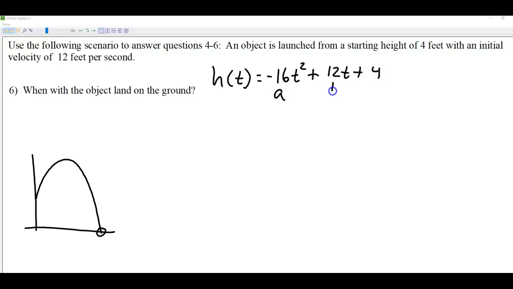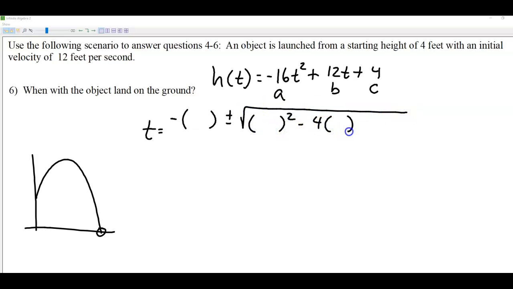This is my a, this is my b, and this is my c. So the time when it lands on the ground can be calculated by doing negative b plus or minus the square root of b squared minus 4ac all over 2a. Let's plug in those numbers.